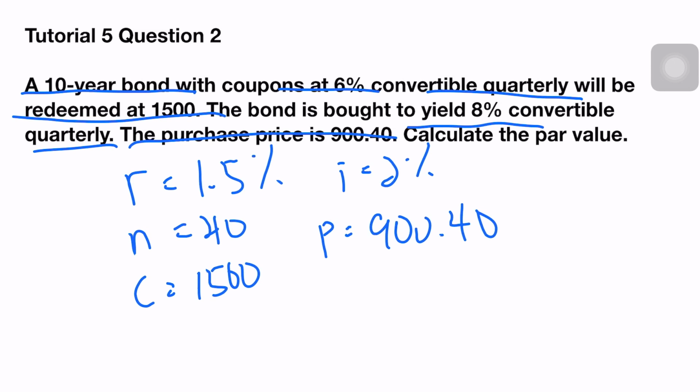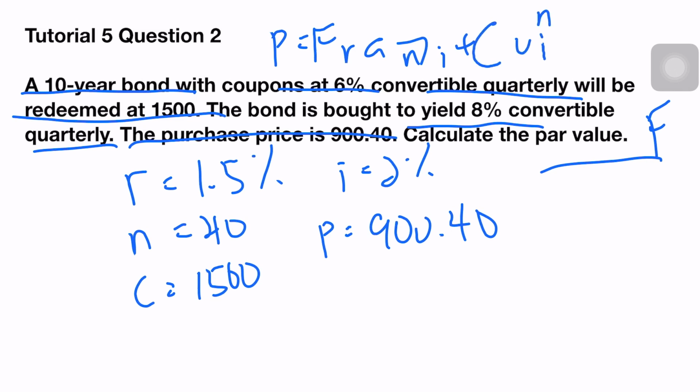We can get the par value F. We need to calculate F. So the basic formula, we can use the basic formula. The basic formula is price equals par value. Okay, so we substitute in all the figures.